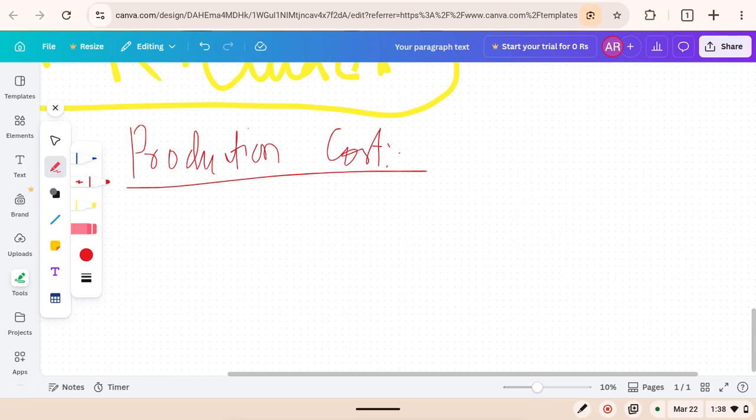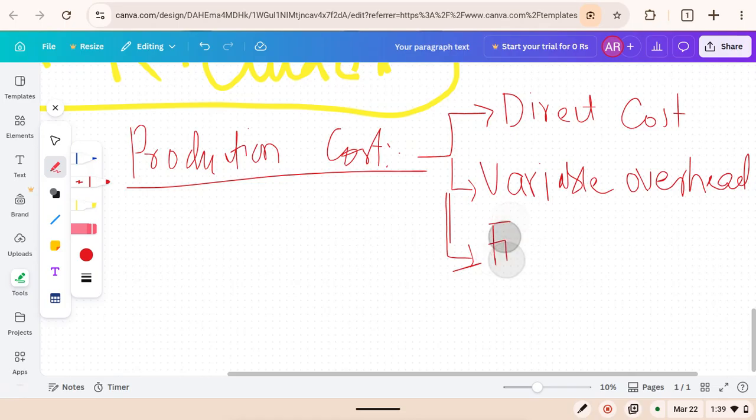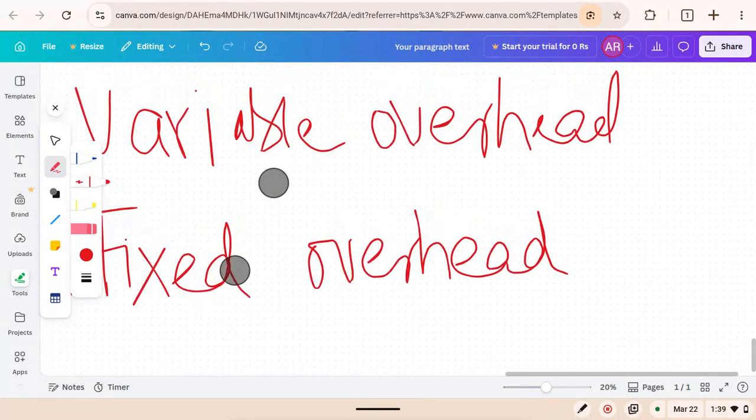Production cost includes direct cost, variable overhead, and fixed overhead, like rent. Which part is direct cost, which part is variable overhead, and which part is fixed overhead?